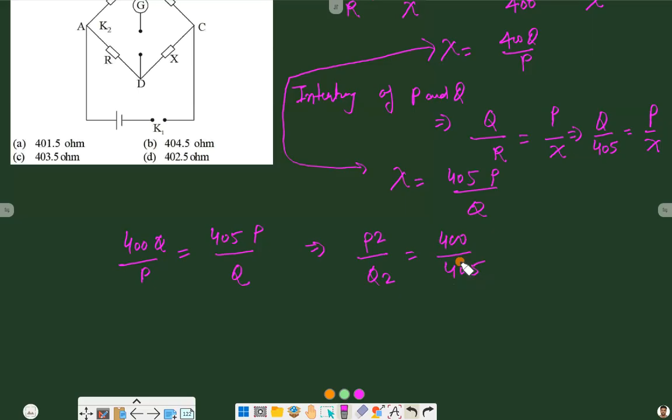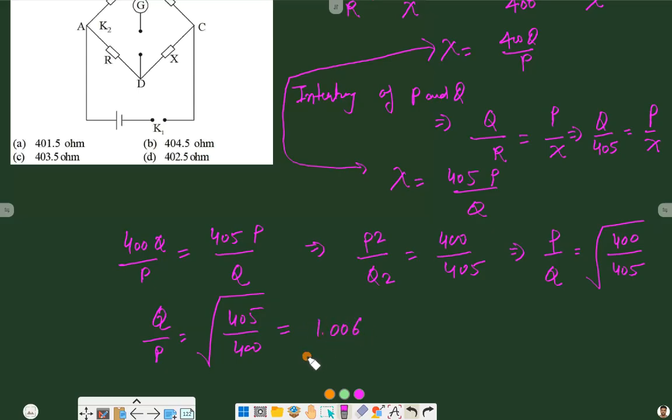Now we can find the value of P by Q as the square root of 400 by 405, and to find the value of X we need Q by P. So Q by P will be equal to the square root of 405 by 400, and solving this we get 1.006.